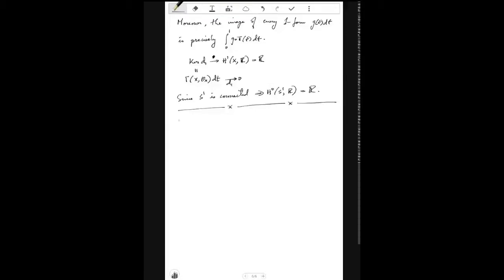So the de Rham cohomology groups, the de Rham cohomology, carries a ring structure. So let us describe that. The wedge product induces a multiplication on cohomology.